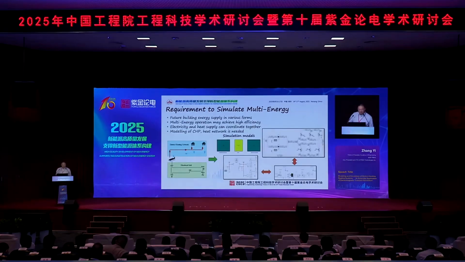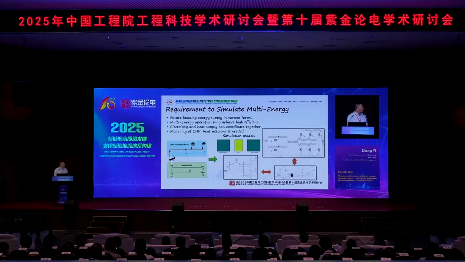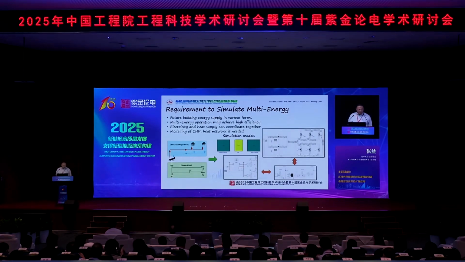Yeah. So we have the electrical part, which is the power system we have been using for many years, and we also developed the CHP, the united supply of heating and electrical power.